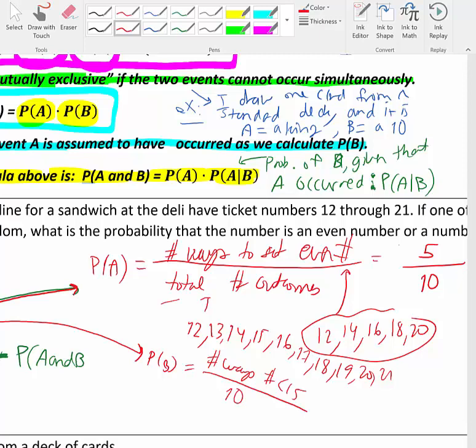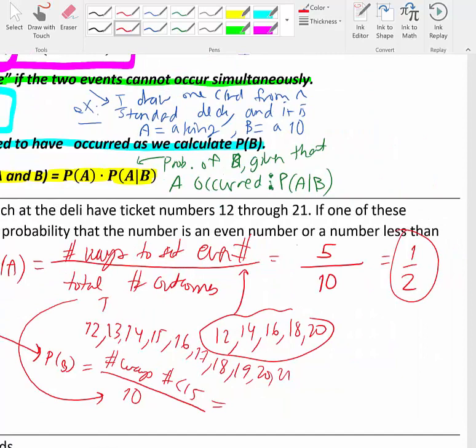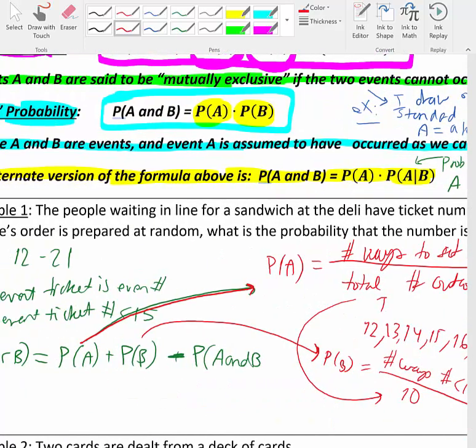Probabilities are always out of the total, so 10 is the same denominator. How many ways are there to get a number less than 15? We've got 12, 13, 14. That's it. They said strictly less than 15, not equal to, so I'm not going to include 15. There are only 3 numbers that fit out of the 10. So we know the first 2 numbers in that formula: a half here and 3/10 here.